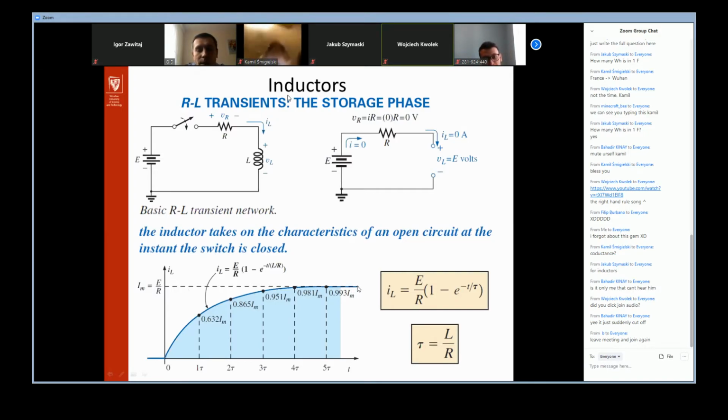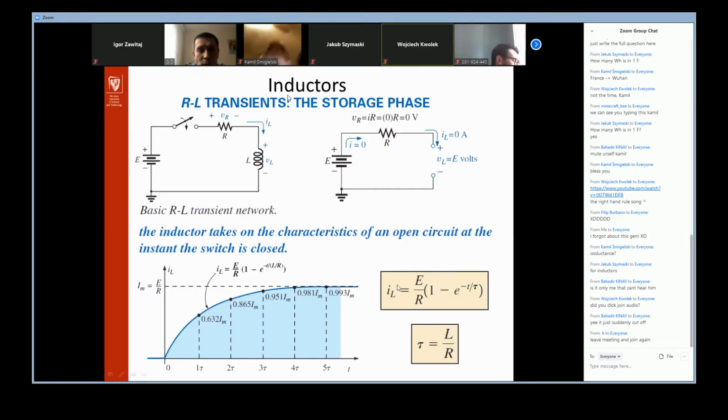All right, I forgot something. For the RL transient analysis, as with the RC analysis, the charging and discharging processes, the storage phase and discharge phase for the inductors are described by the same exponential functions.